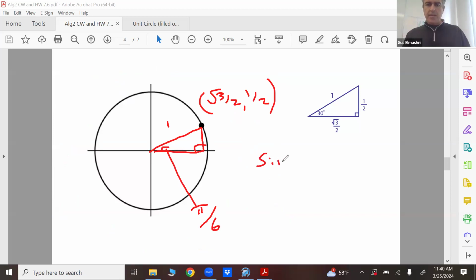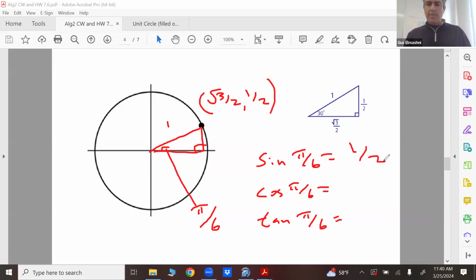So sine of pi over 6, cosine of pi over 6, tangent of pi over 6. Sine is the y coordinate, 1/2. Cosine is the x coordinate, √3/2. And tangent is y over x, which, by the way, will be 1 over √3, or, if you rationalize the denominator, √3/3.